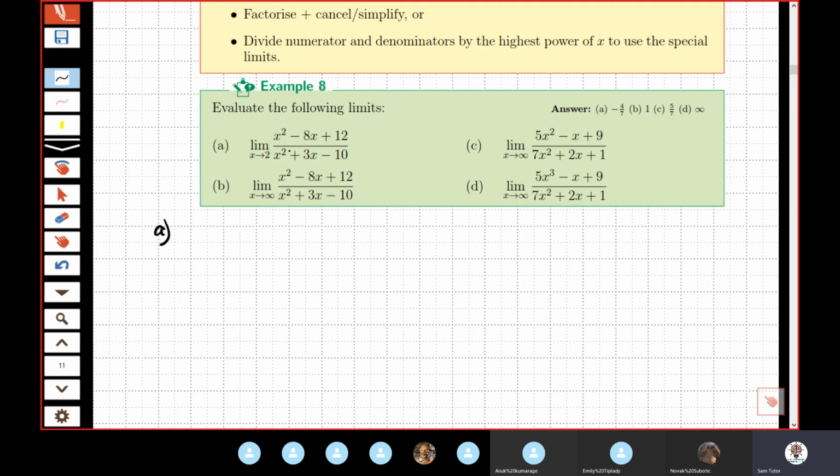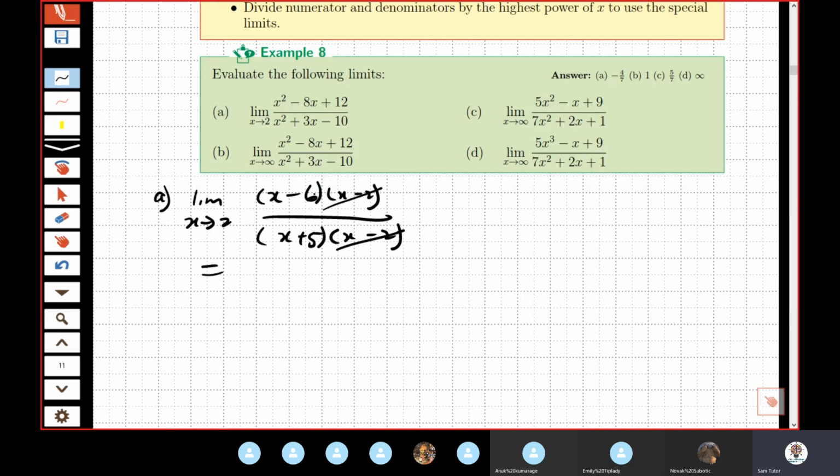I'm guessing this doesn't work. 4 plus 6 is 10. 10 take away 10 doesn't work. So for numerical questions, what do we do? We factorize the top. So x minus 6, x minus 2 on, factorize the bottom. x plus 5, x minus 2. Now these two cancel out. So the answer is 2 take away 6, negative 4, 2 plus 5, 7.